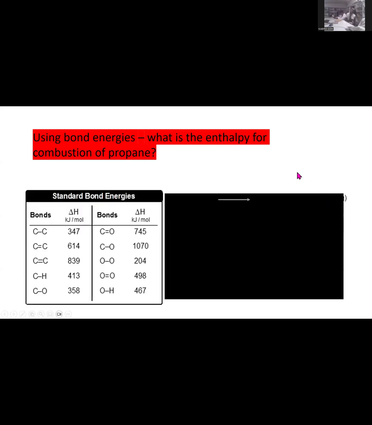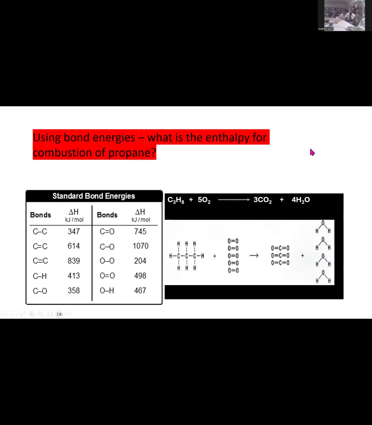Here's one for you. What's the enthalpy for the combustion of propane? Here are the bonds. Here's the equation. Here are the pictures. Now you have to do this quite carefully, but you have to count up all the bonds you're going to break. So for instance, in propane, down here, I'm going to break 1, 2 of these.